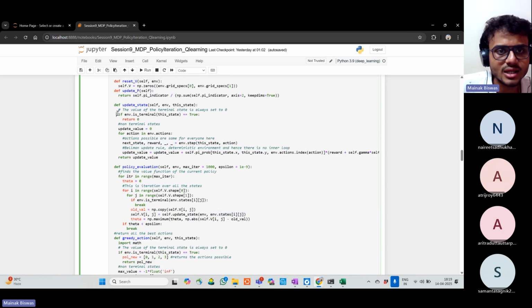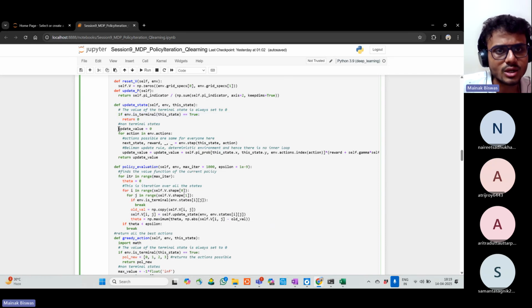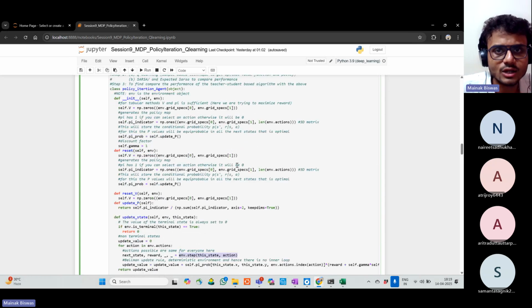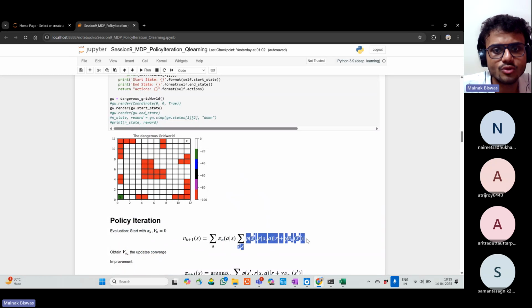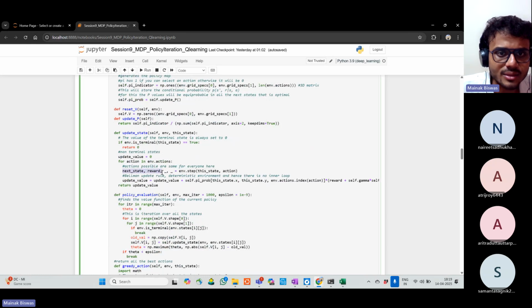So if it is a terminal state, you return the value 0 because it's a terminal state. You are not going to get any reward. Else, you update the value here. In this update value, you take a step. The step is akin to the inner summation over here. When you take that step, environment.step, it gives you the next state and the reward.